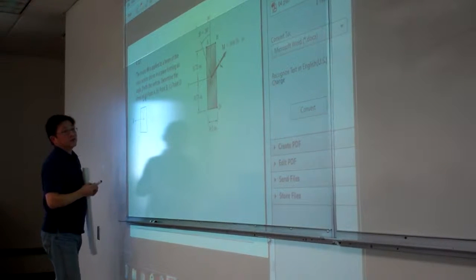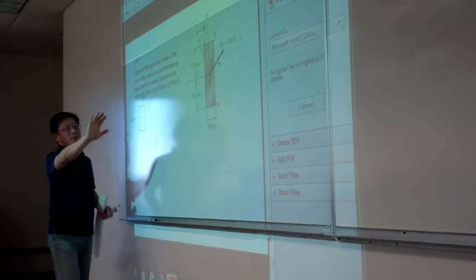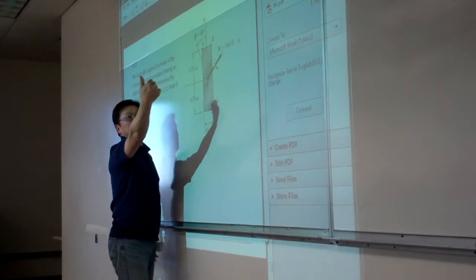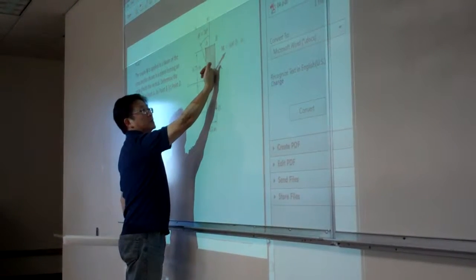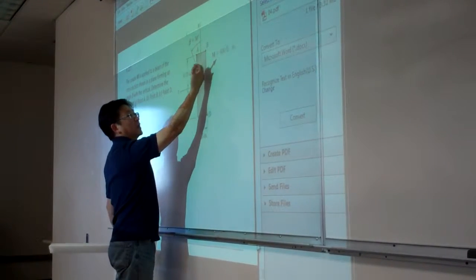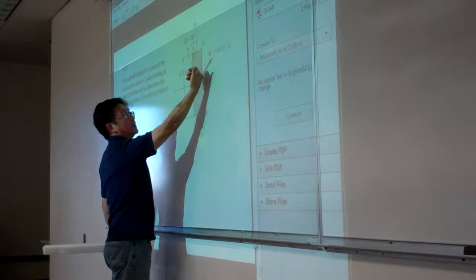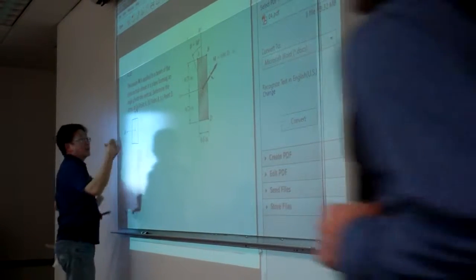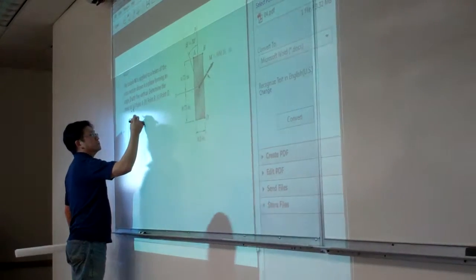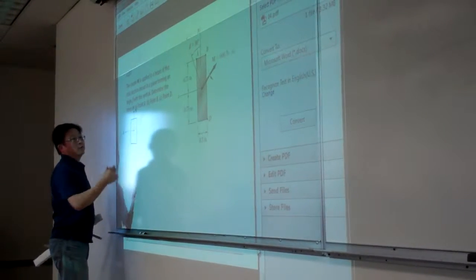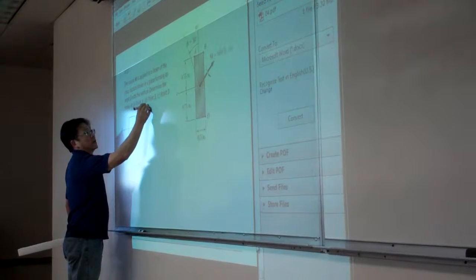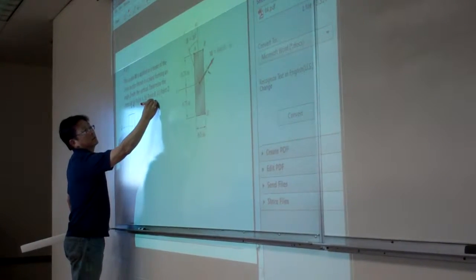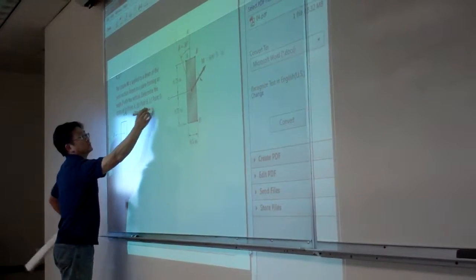And for this example, we have the direction of the bending. The bending basically is this. Apply our thumb to the direction of this arrow, and the four fingers give us the circulation of the bending. And drawing in this way is a double arrow for bending, and equal to 600 pounds per inch.